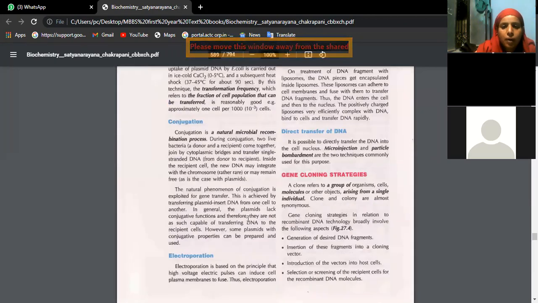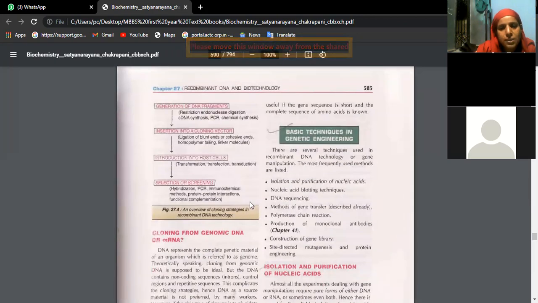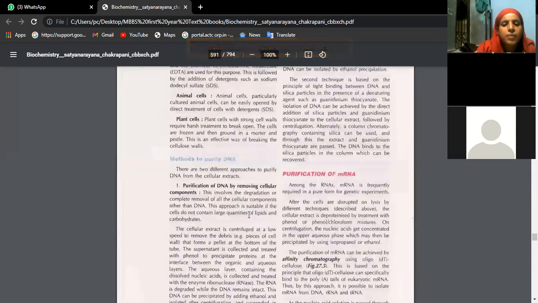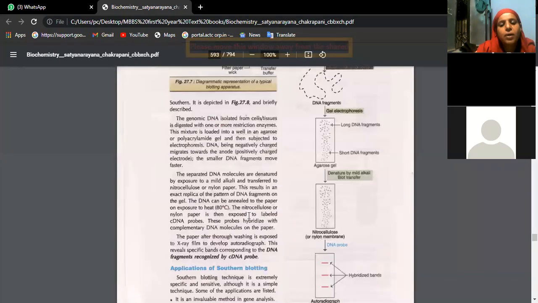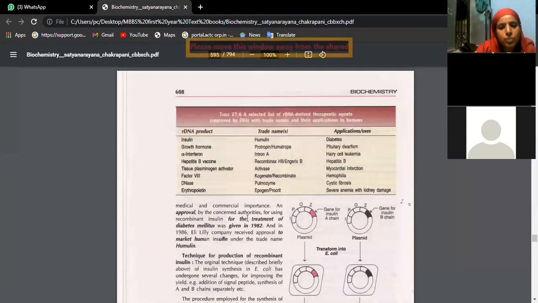Then after this, there is one table which helps us to understand what the uses are. That table you choose, that's enough. See, insulin is synthesized by this genetic engineering technique. The trade name of what we are synthesizing by this recombinant DNA technology is Humulin, used to treat diabetes mellitus.